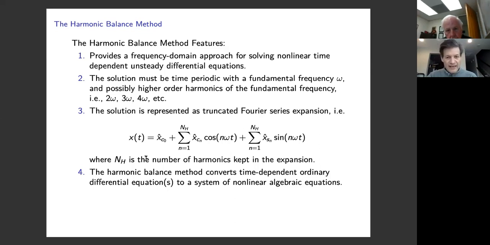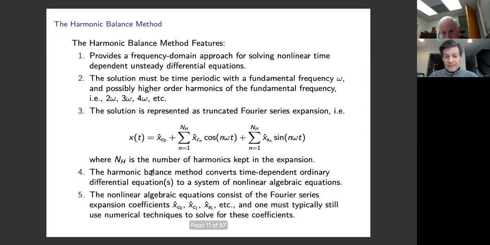The basic harmonic balance method, when you apply it, will convert a time-dependent ordinary differential equation or system of differential equations into a system of nonlinear algebraic equations. So it converts differential equations to algebraic equations.